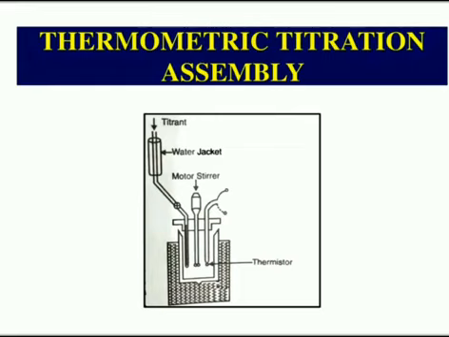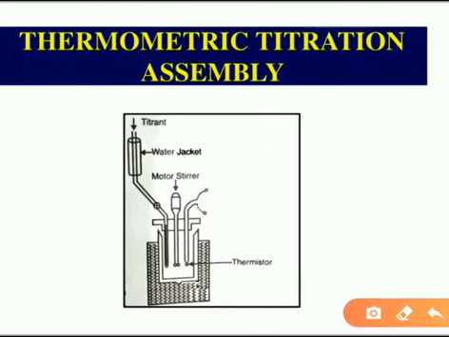In addition to those parts in the thermometric assembly, we need to add the titrant, and the titrant is added from here. Here we have the water jacket, and this is the motor stirrer.